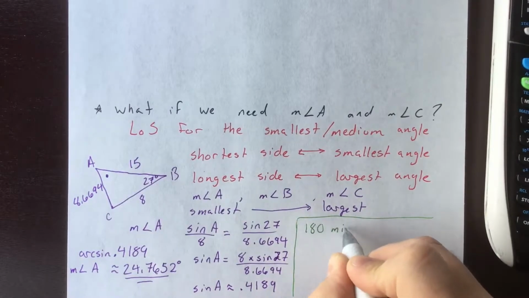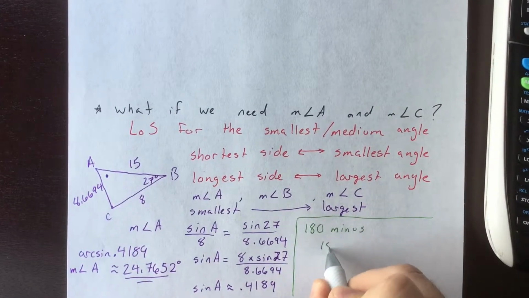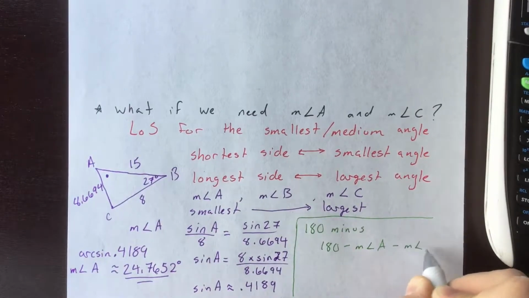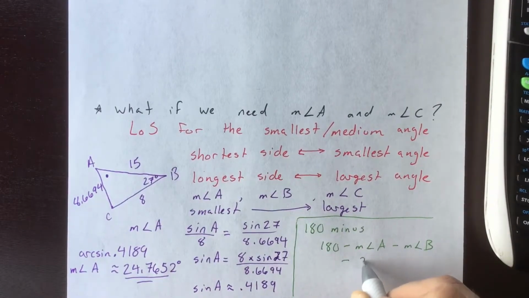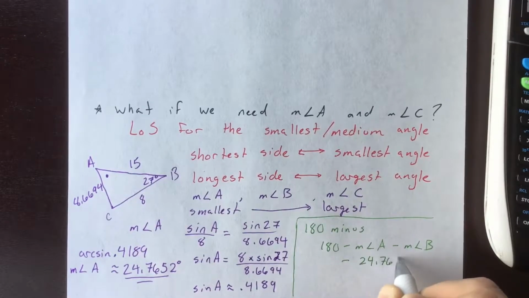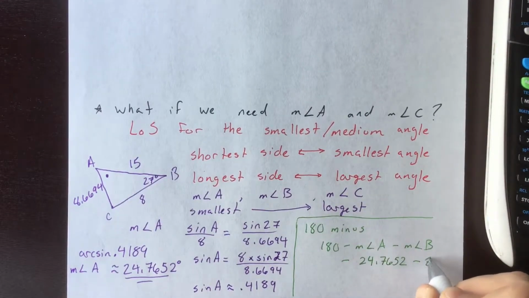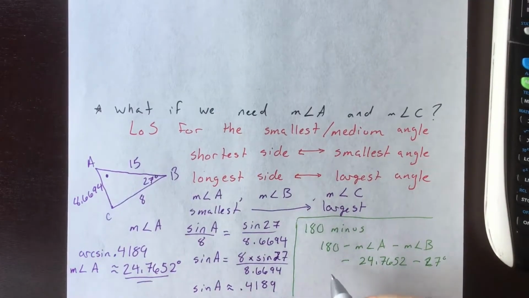So I'm going to put 180 minus the measure of angle A, minus the measure of angle B, so that we've taken away 24.7652, and taking away the 27, measure of angle B. When we do that, we get roughly 128.2348 degrees, and that is again the measure of angle C.